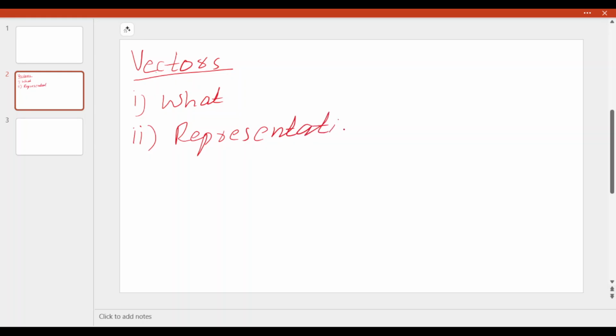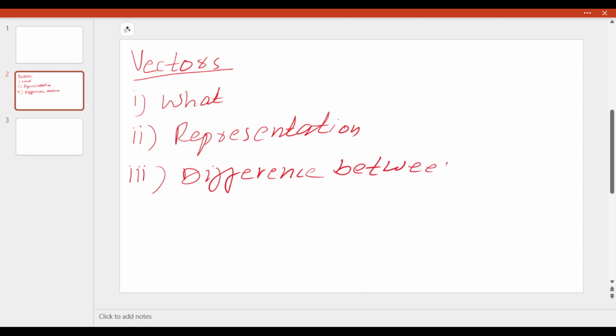Yes, and the third one is difference between vectors and scalars.